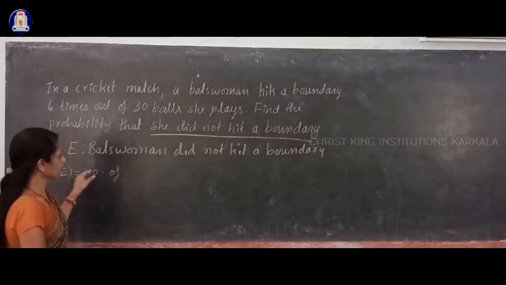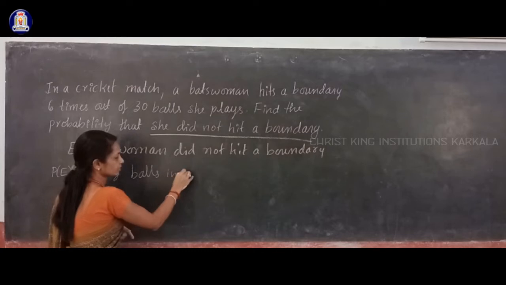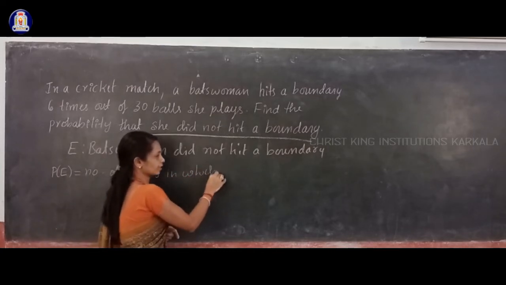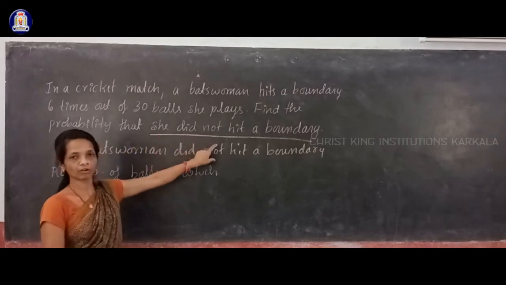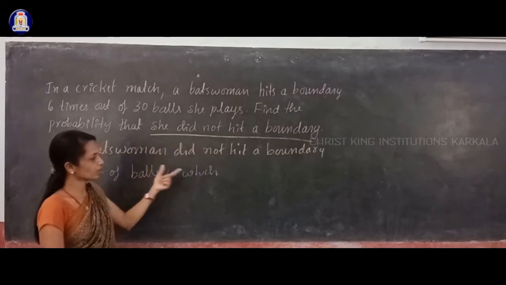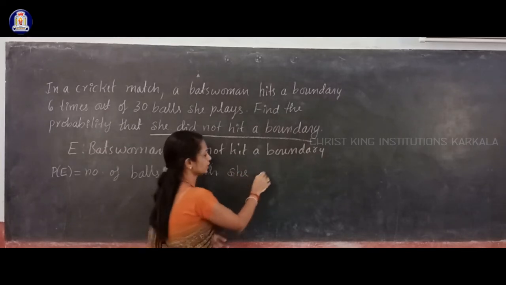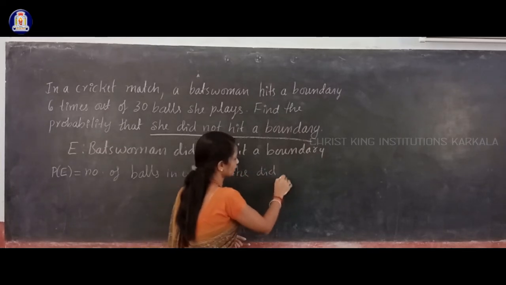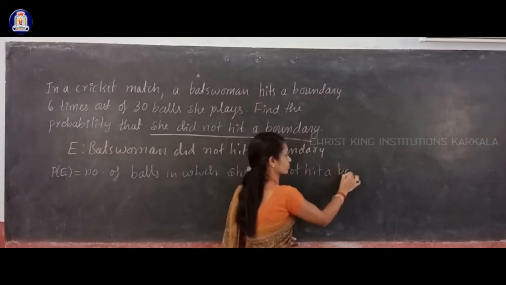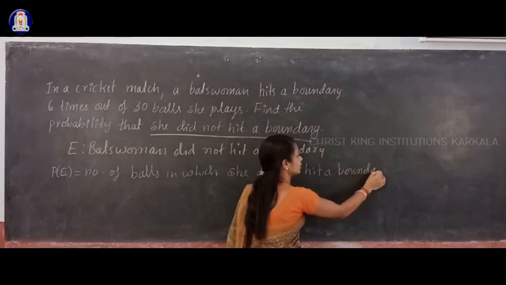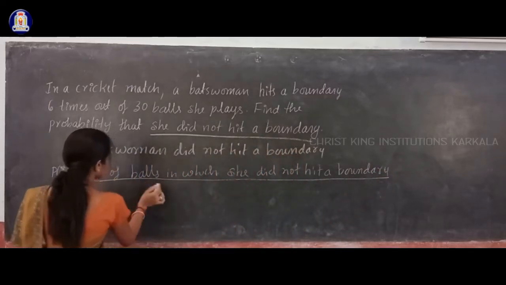So the number of balls in which this event E has happened, that is, she did not hit a boundary, divided by the total number of trials.